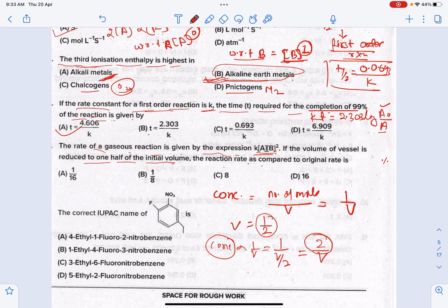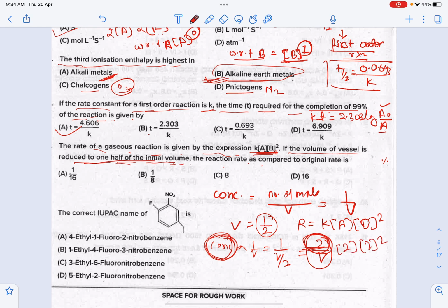If the volume of the vessel is reduced to 1/2 of the initial volume, it means the concentration of the reactants will be doubled. The rate R equals K[A][B] square. If we reduce the volume by half, the concentration will be double, so the value of A will be double and the value of B will also be double.